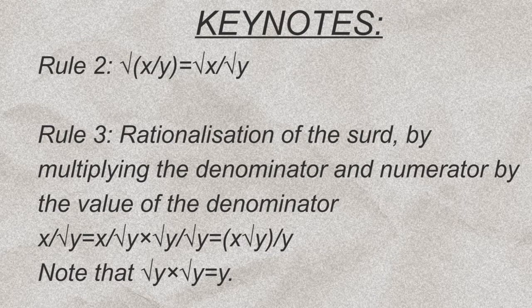Now we want to look at rule 3. Rule 3 has to do with the rationalization of surds. Rationalizing surds really implies multiplying the numerator and the denominator of that surd in question by the value of the denominator. When we are given a value x over square root of y, it will be equal to x over square root of y multiplied by the square root of y all over the square root of y.